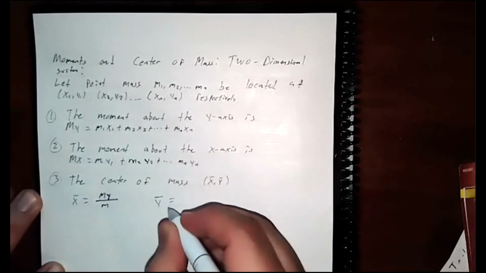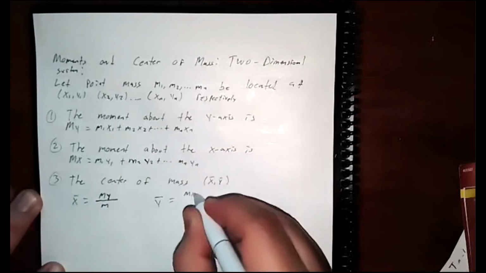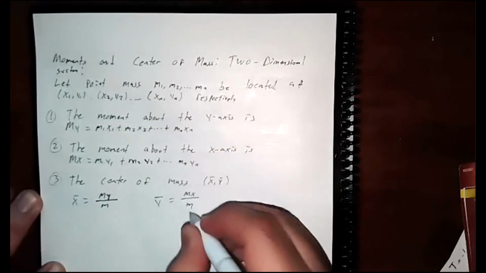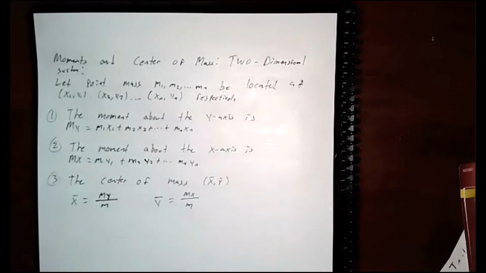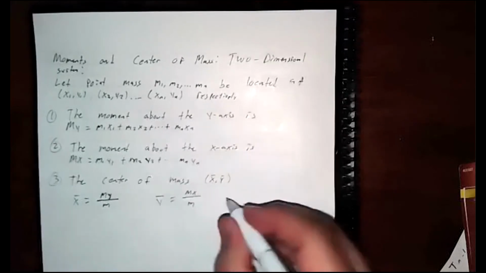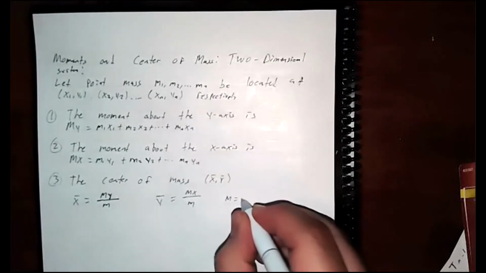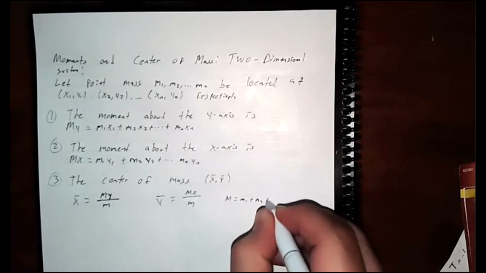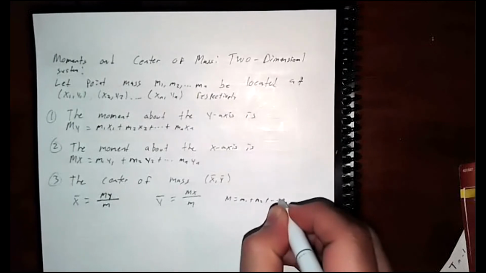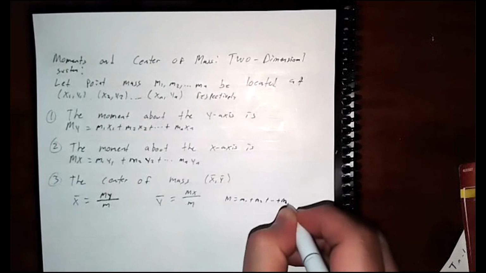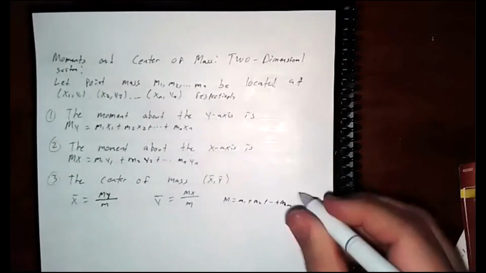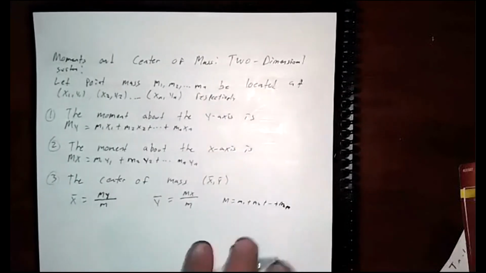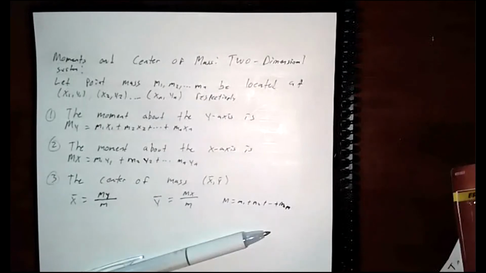Y bar will be equal to Mx over total mass. In this case, you forgot, M is m1 plus m2 plus mn all the way.